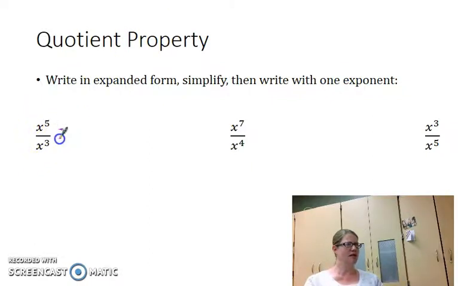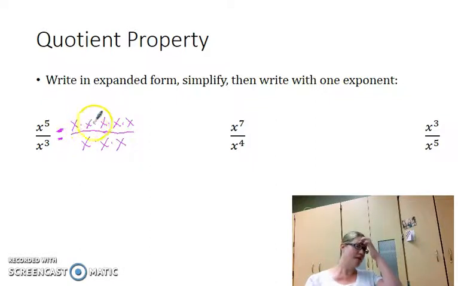So if we again write these in expanded form like we did before, we're going to write them separately. X to the 5th I'm going to expand up here, x to the 3rd I'm going to expand down here. So if I have x to the 5th, I'm going to be multiplying x by itself 5 times. Whereas on the bottom I have x to the 3rd, that's multiplying x by itself 3 times.